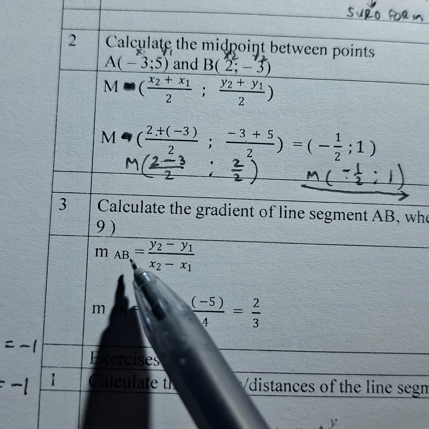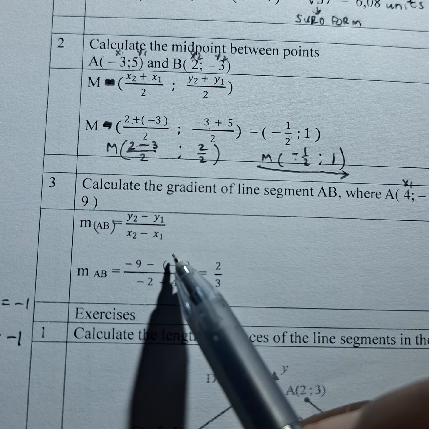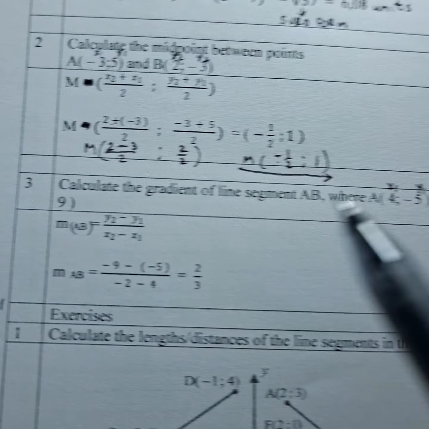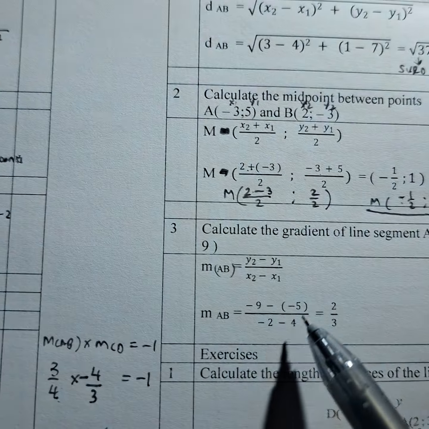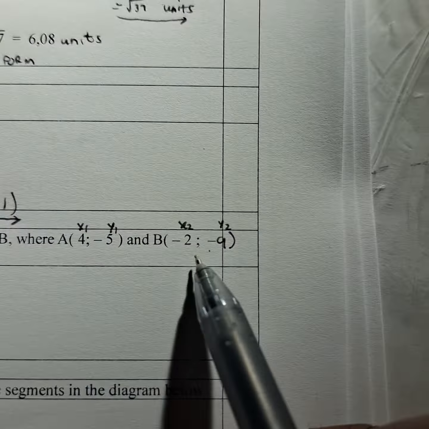What's y2? y2 is negative 9. The minus sign for the formula is there. What's y1? y1 is negative 5. So two signs following each other. We put the negative 5 in brackets because y1 is negative 5. Then divided by, what's x2? x2 is negative 2. Minus what? Minus x1.